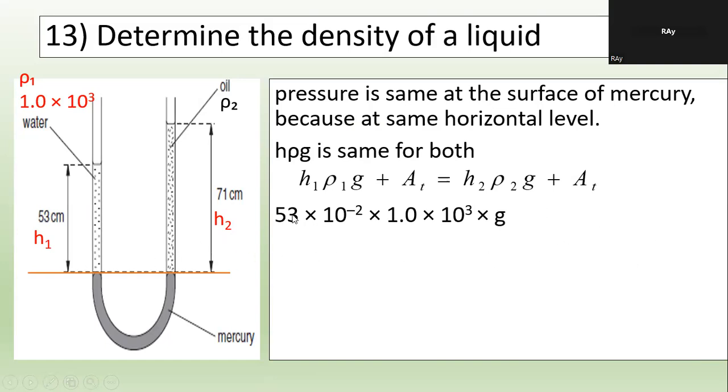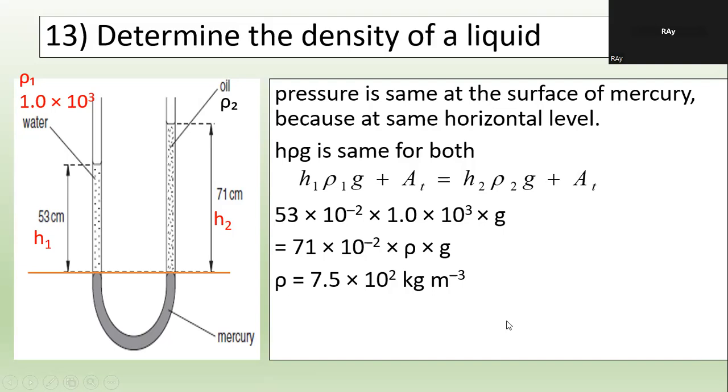Change it to meter. Density of water is 1 × 10⁻³ times G. Atmospheric pressure cancels off. We don't bother about that. Equals 71 cm, change it to meter. Density is what we want to find. We call it rho and G. To simplify it, we get our answer.